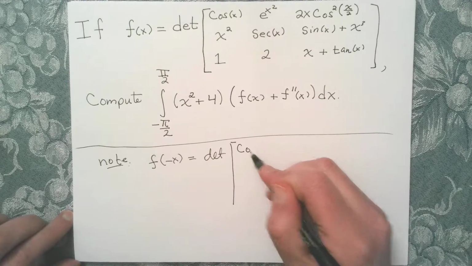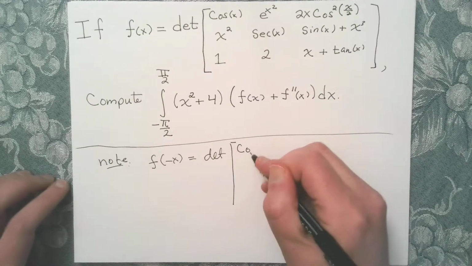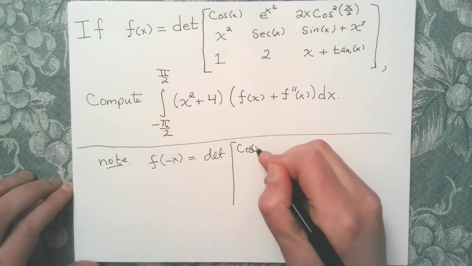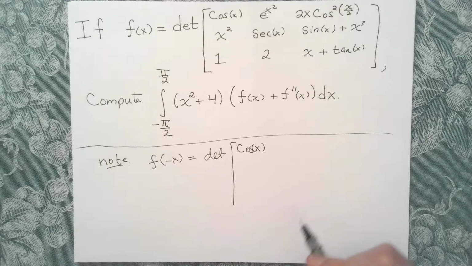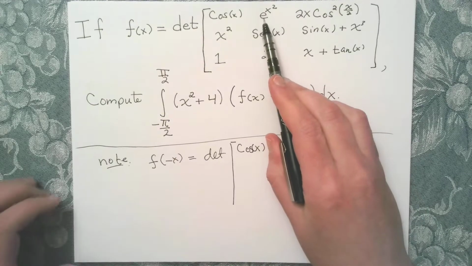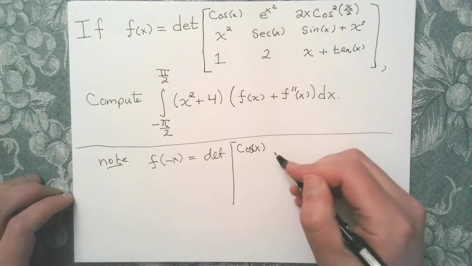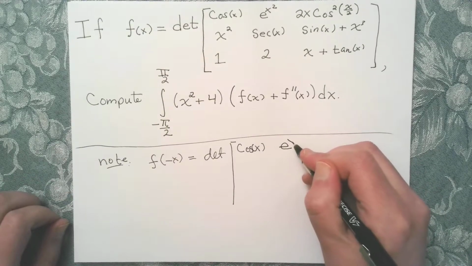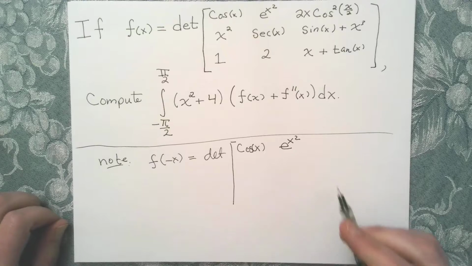We've got cosine of negative x. Since cosine is an even function, cosine of negative x is cosine of x. Since e to the x squared is an even function, if I plug in negative x and square that out, I'll end up with the same thing.